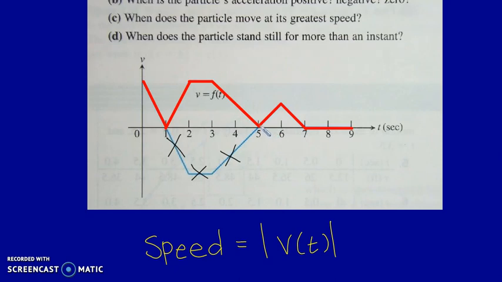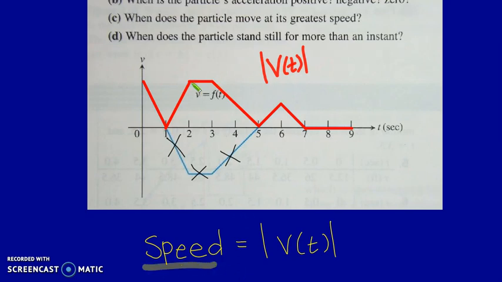And then after t equals 5, what's positive stays positive, and 0 is fine. So in the interval from 7 to 9, it's 0. It stays 0. So this is the graph of the absolute value of velocity, which is speed.